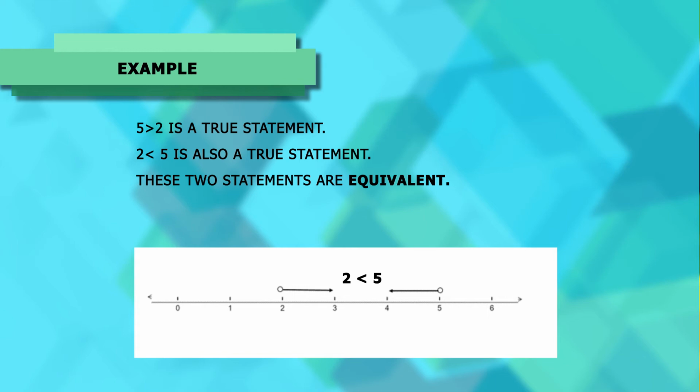Looking at the number line, this is how we would represent these two inequalities. If we want to write 5 is greater than 2, the first thing we would need to identify is what type of circle we are going to be using.